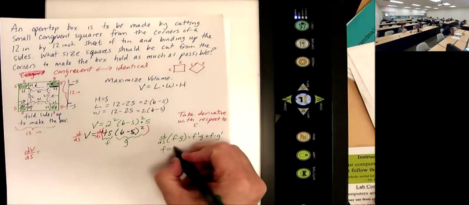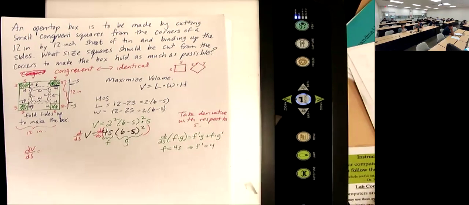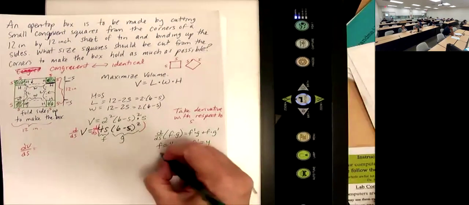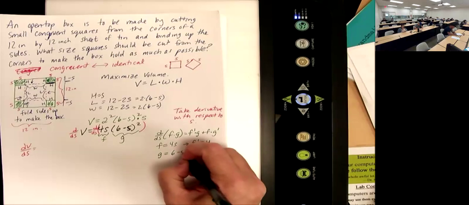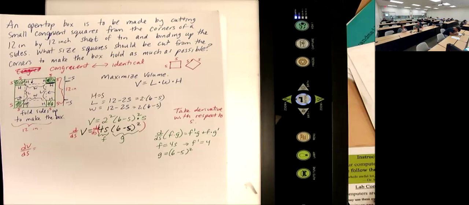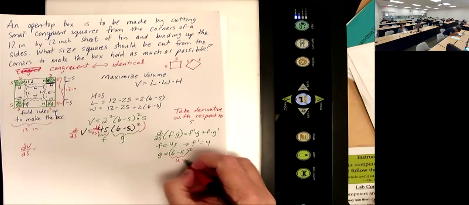So f is 4s, f prime is 4. g is 6 minus s squared. Here you have to do it in parts. If it helps you until you get comfortable with it, treat 6 minus s as u.